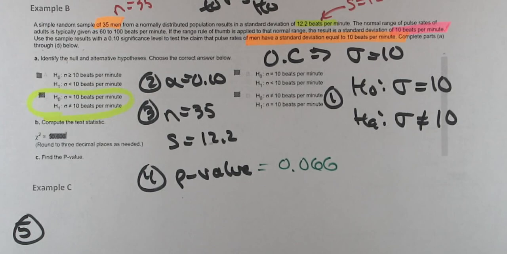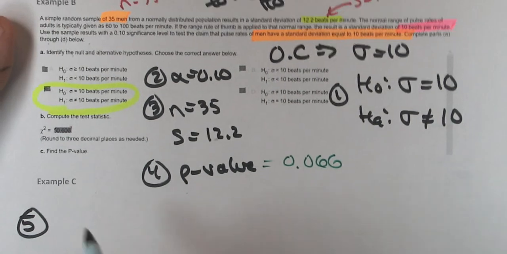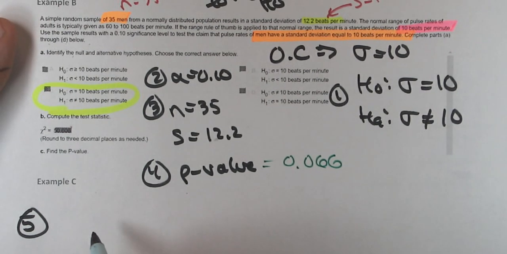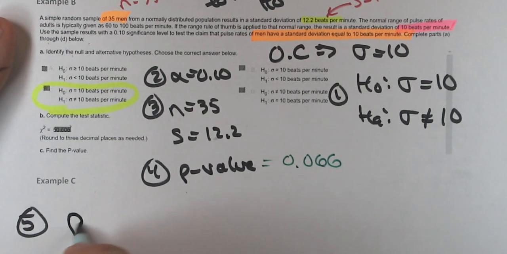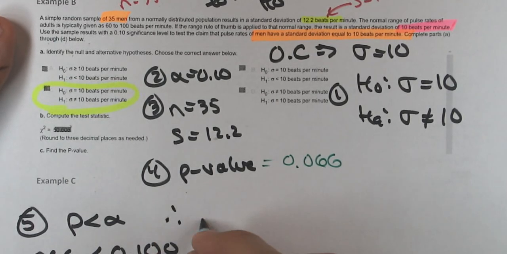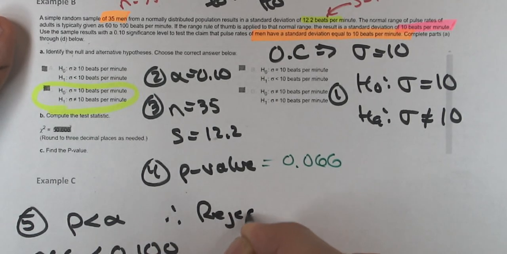Nicholas, what do you think? What are we going to do here? P-value is less than alpha. Yeah. So 0.066 is less than 0.100. This is less than this. Therefore, reject H naught. Good job.